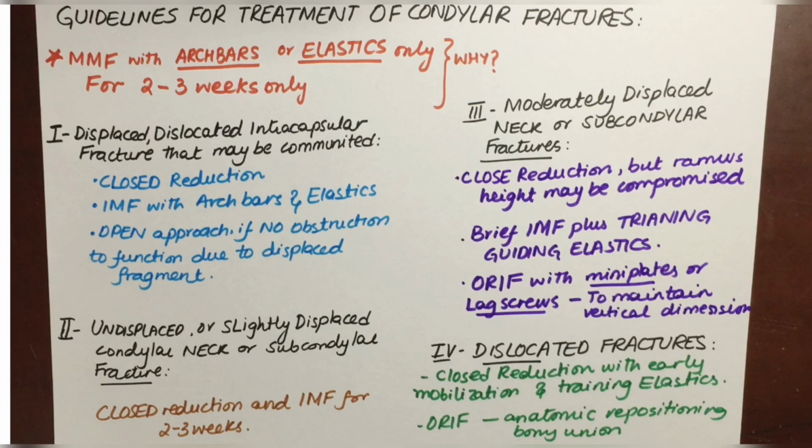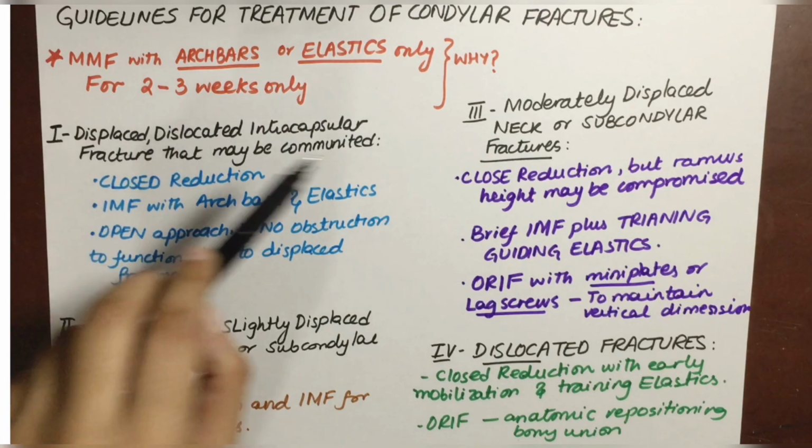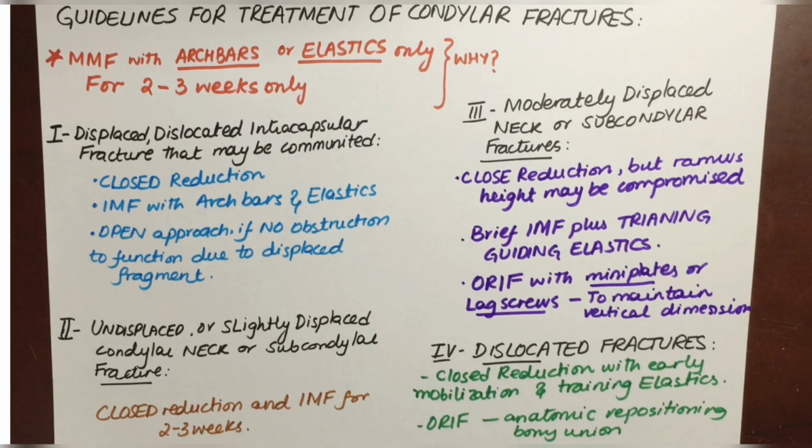If we immobilize for greater than 3 weeks, it will cause TMJ ankylosis. By using arch bars and elastics, we can perform certain mandibular movements, and mouth exercises can be performed to prevent TMJ ankylosis.